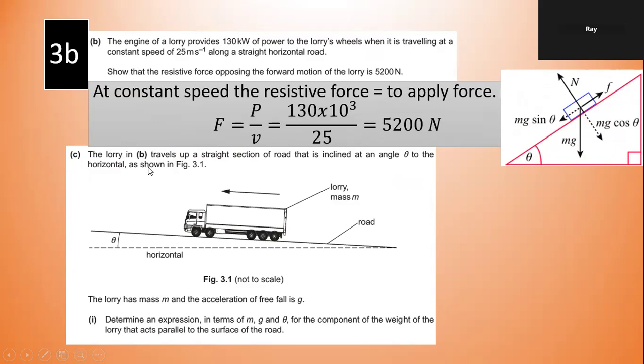The lorry in part B travels a straight section of the road that is inclined at an angle of theta to the horizontal. The lorry has a mass m and acceleration of free fall g. Determine an expression, in terms of m, g, theta, for the component of weight of the lorry that acts along the surface of the road. mg cos theta?